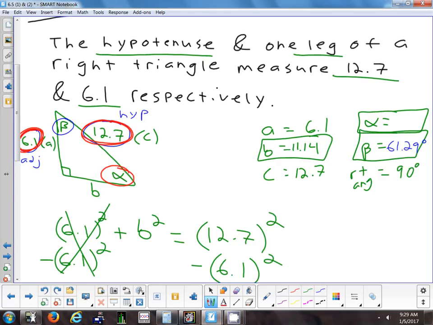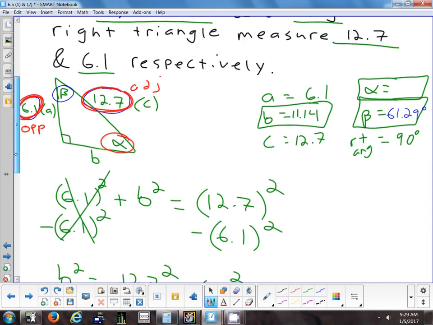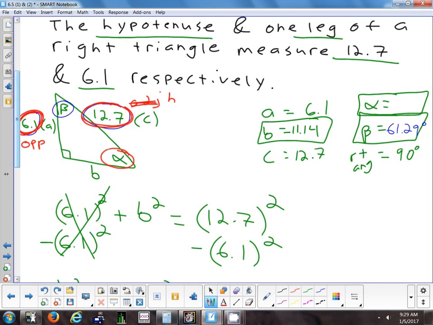Yep, we're going to use sine, because when you switch your perspective, you're not standing at beta anymore. Now you're standing at alpha. So this is now opposite, and that's adjacent. So the sides switch names. So sine is opposite over hypotenuse.